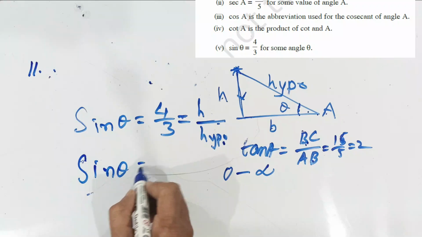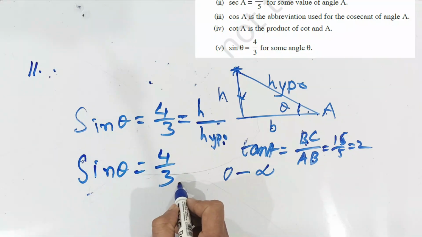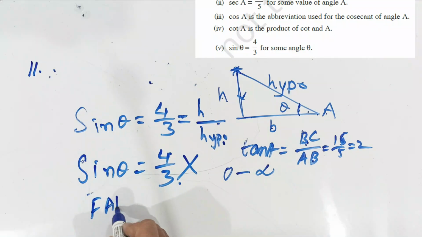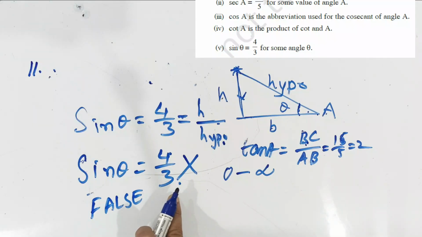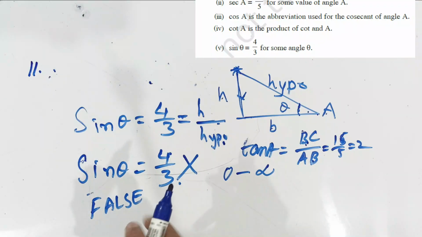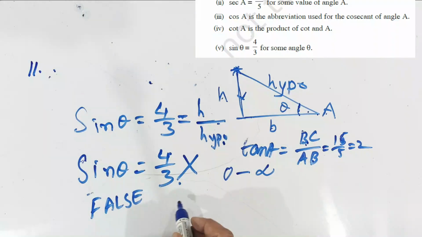Here sin theta is 4 by 3, where the numerator is bigger, so it is not possible. This is false. Always remember, sin and cos values are always less than or equal to 1, because the denominator is always bigger. Only at 90 degrees is it equal to 1.